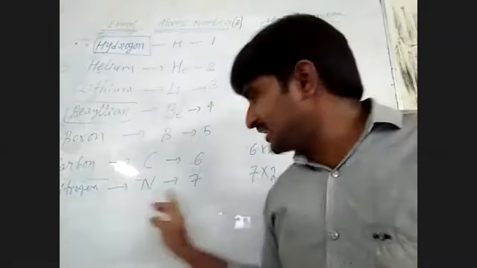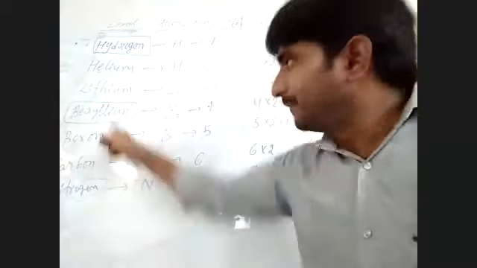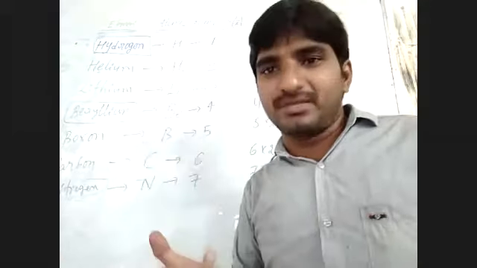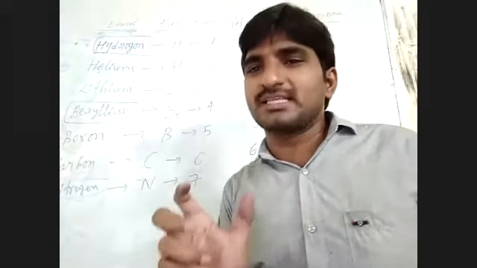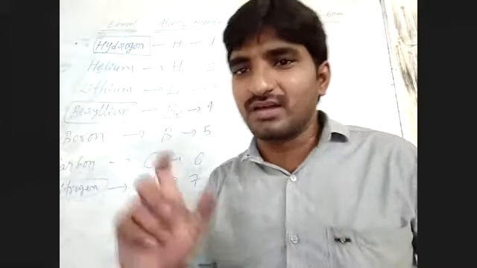See, here nitrogen is odd, but the odd formula is not followed. The even formula is followed. Beryllium is even, but the even formula is not followed. The odd number formula is followed. So these are two small exceptions, the most confusing bits in board exams or competitive exams.